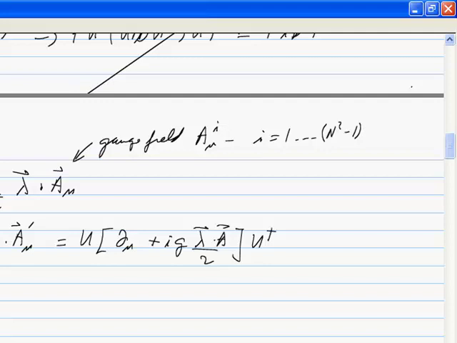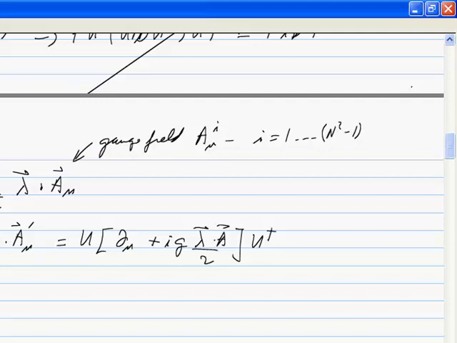Okay, well, let's work out then what A prime has to be. The derivative could act on something that sits off to the side there, in which case the U and the U dagger annihilate each other. So that's the first piece, which works where the derivative acts on something else.